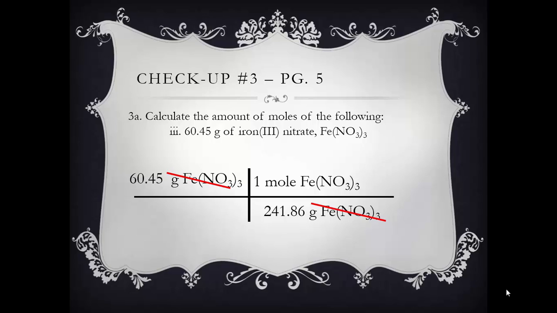Cancel out your grams. Do your division. You should get, again, 0.250 moles of FeNO3. Again, make sure you practice, not just look at the video or PowerPoint. Use your pen and pencil and paper, calculator, good to go.